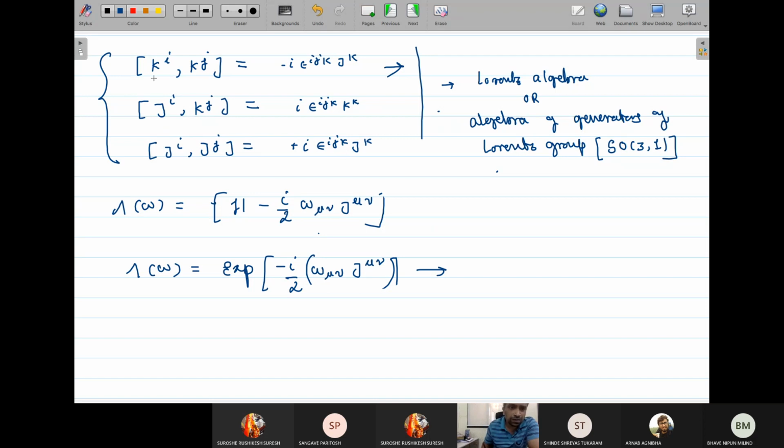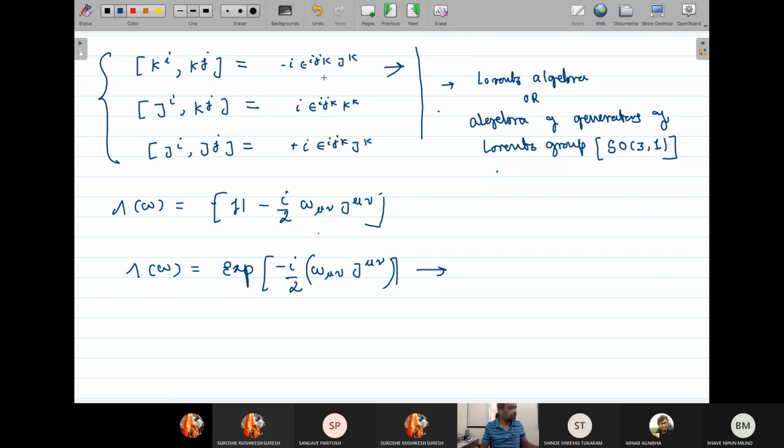However, suppose I consider the set of all boosts. That does not form a subgroup, because if I combine two boosts, I may get an element which is outside of that set. Here we are seeing that the combination of boost generators gives you the rotation generator. So if I apply two successive boosts, I may get a rotation.